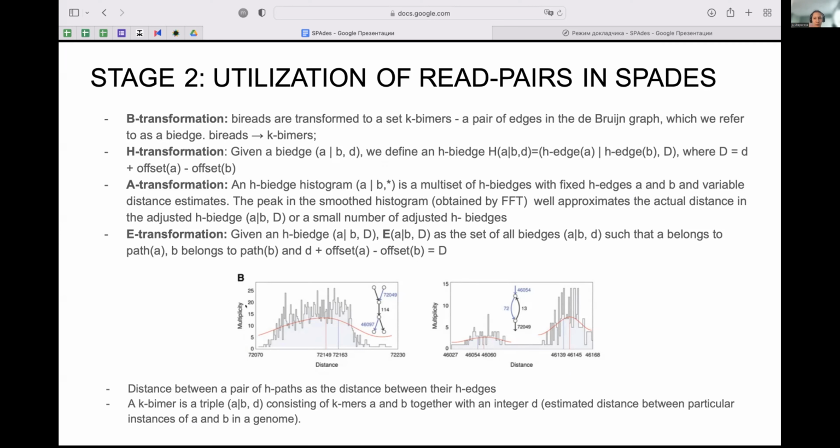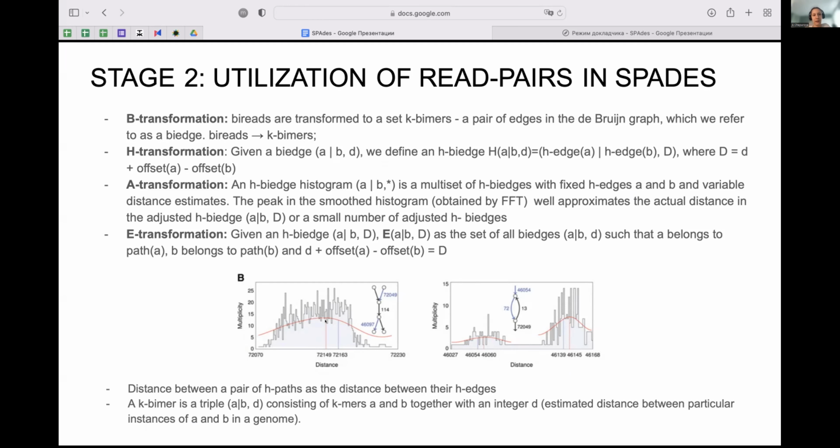So for example, in simpler terms, we have a lot of different estimations of distance between paths, and we aggregate them using a histogram, smooth it, and choose only one peak, or maybe two peaks in case there are two peaks presented on such histograms, and define the statistically more popular distance between these paths.